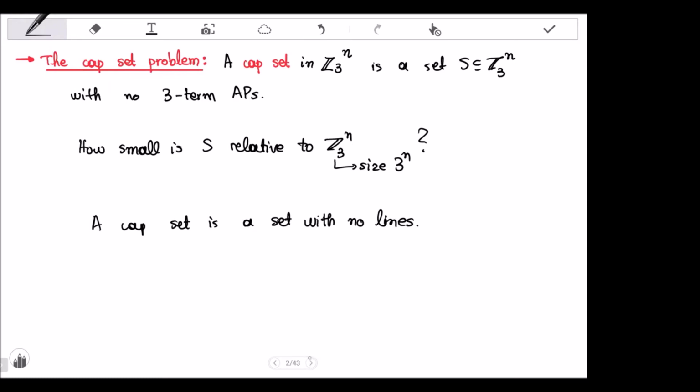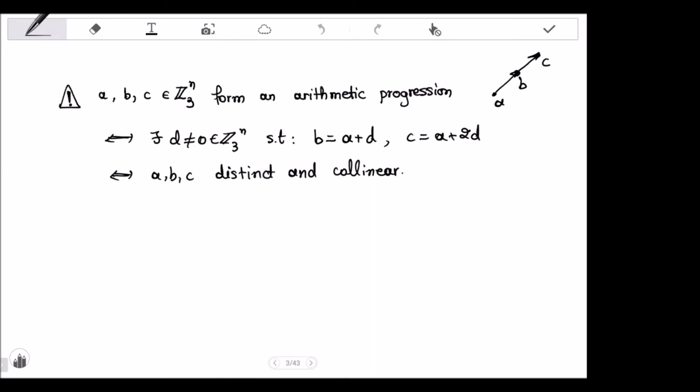Okay. And something that we will use actually is a slightly more effective formulation of these 3 equivalent statements for an arithmetic progression. We notice, of course, that all these mean that A, B, and C are different, so this is not a diagonal element, it's not of the form A, A, A. And when we add them up, they add to 0.